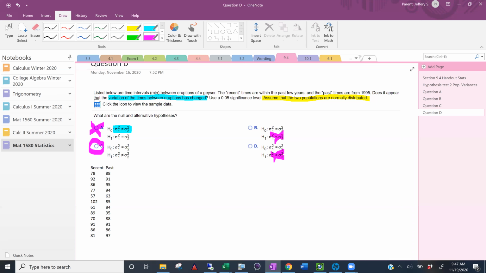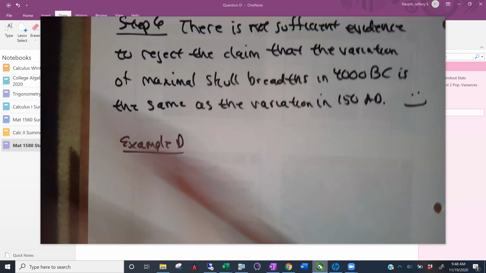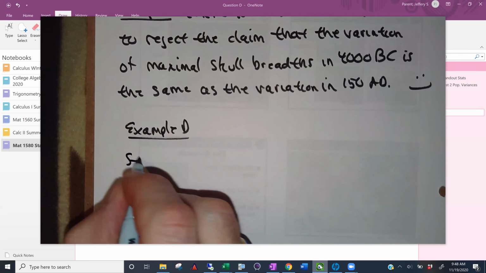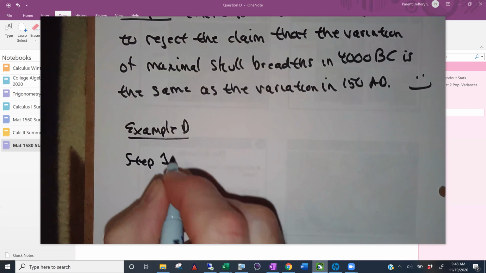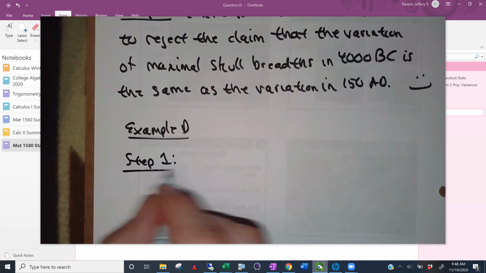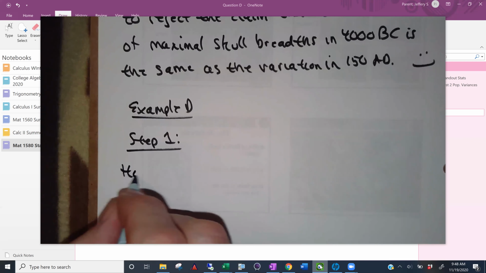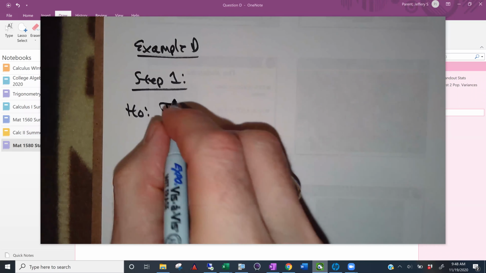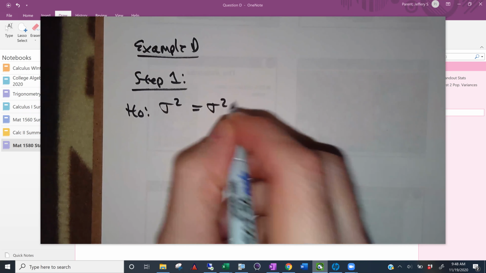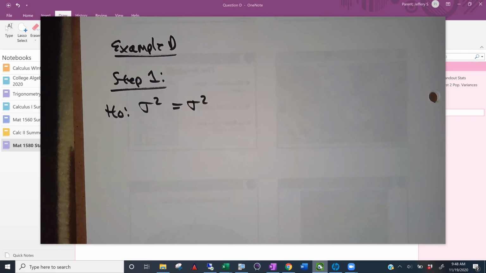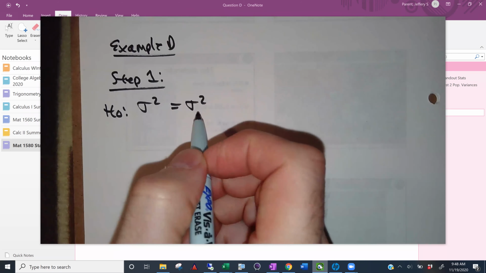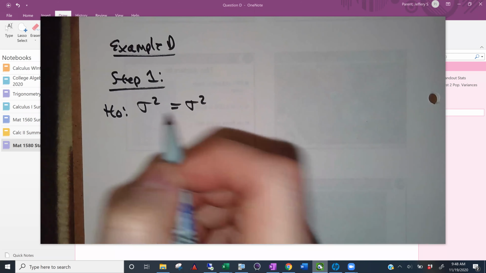So this is example D. Step one. H0. Now it doesn't matter to me. We can use sigma 1 squared and sigma 2 squared. We can use old and recent.